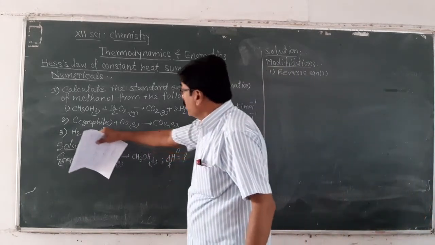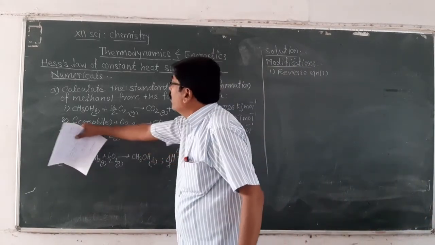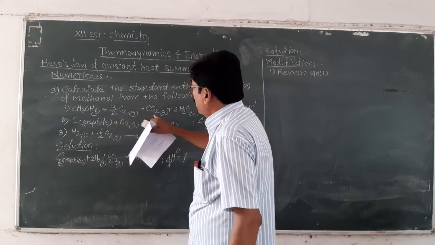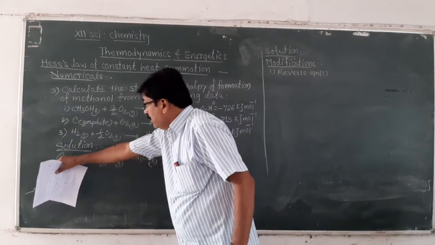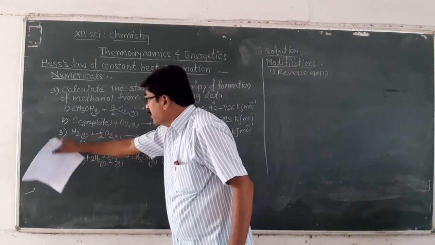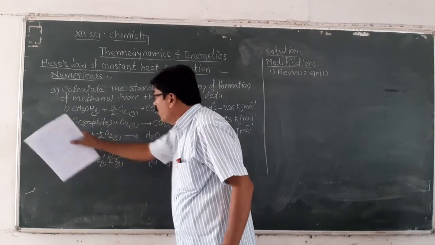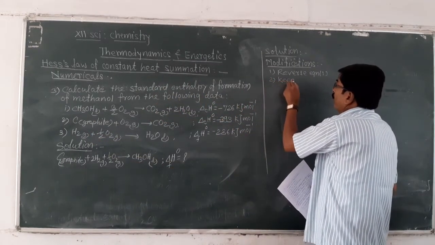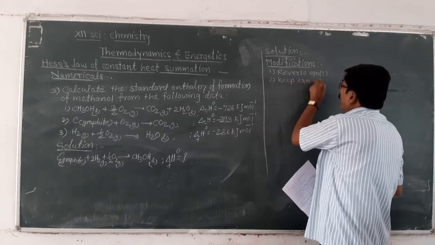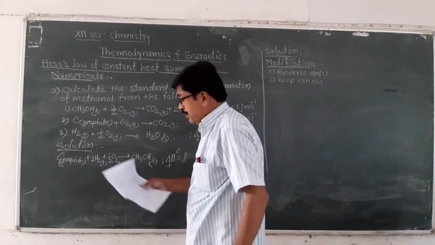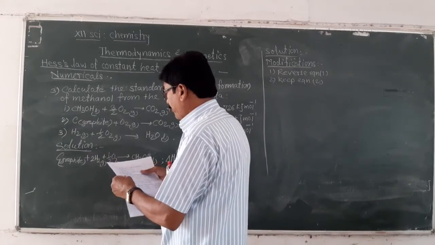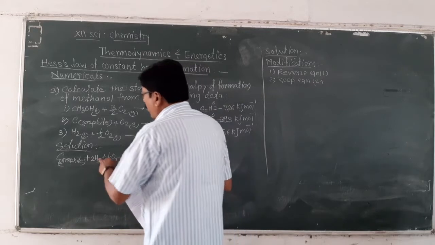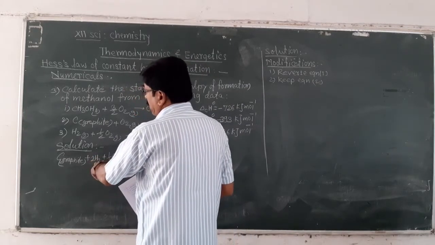Now, equation 2. Here, 1 mole of carbon graphite is required, and it is present on the reactant side itself. Therefore, keep equation 2 as it is. Third modification. Now here, hydrogen.